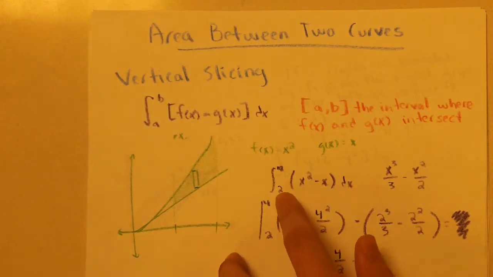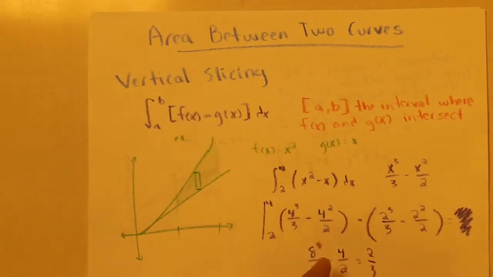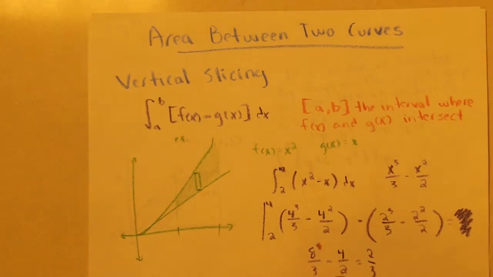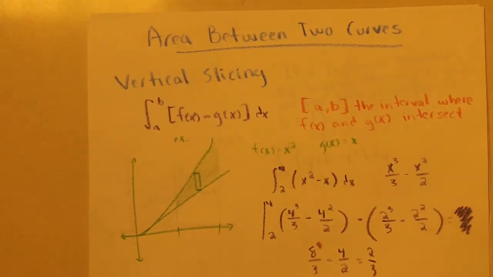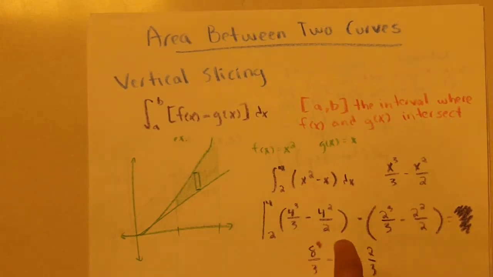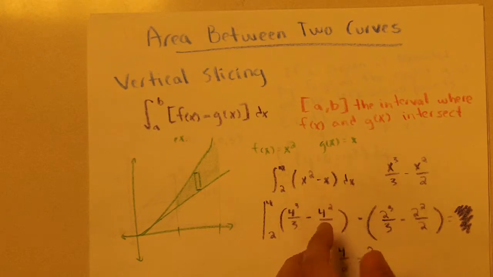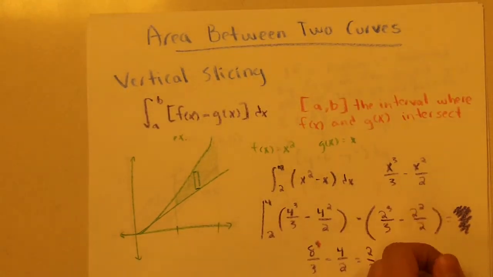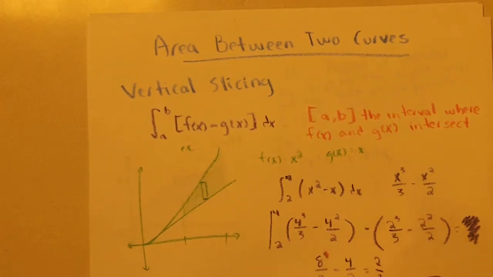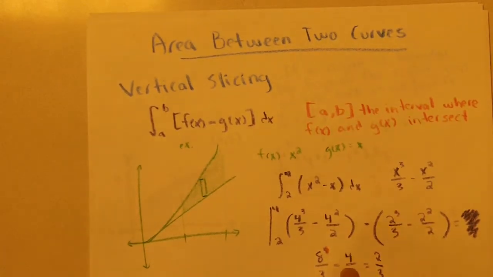So when you're finding the area on the interval between 2 and 4, you would take the first equation minus the second equation, and then you would take the antiderivative of that, and you would get x cubed over 3 minus x squared over 2.